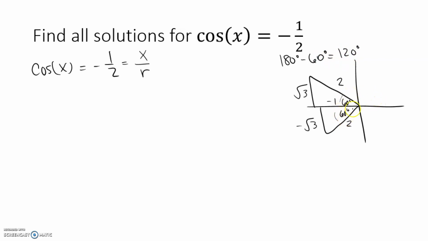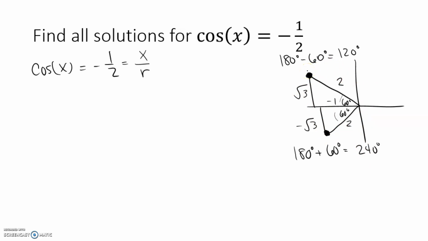And then to find the standard position for an angle in the third quadrant, we would do 180 plus 60. That would give us 240. So I have an answer here and here. At this point right here, that's the 120. At this point right here, that's the 240. There's not an equal distance between the two, so I have to do this separately.